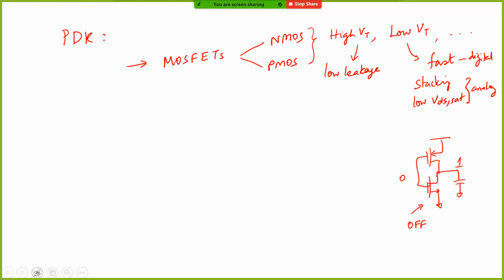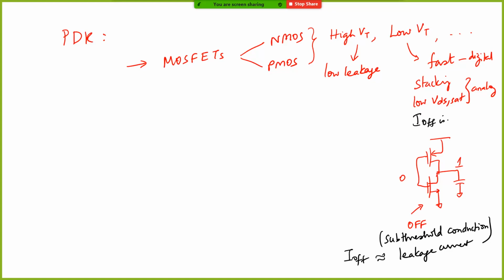But we also know from our understanding of subthreshold conduction that there will be some subthreshold conduction, also called leakage current. In digital VLSI, you will look at it as the I off, or the off current. Now, when you use a low VT transistor, I off is high.